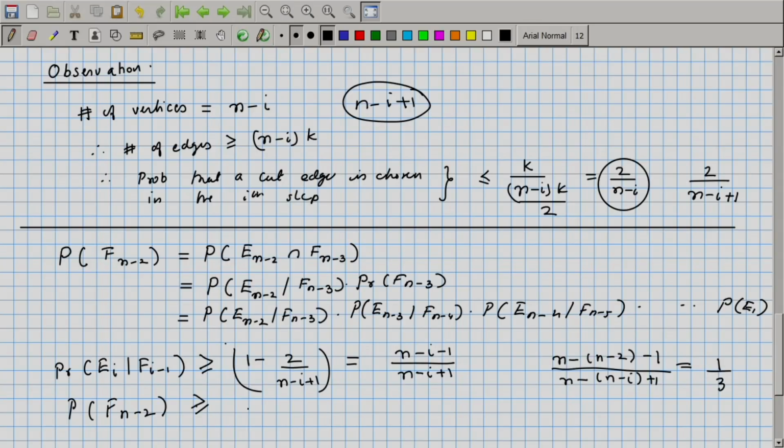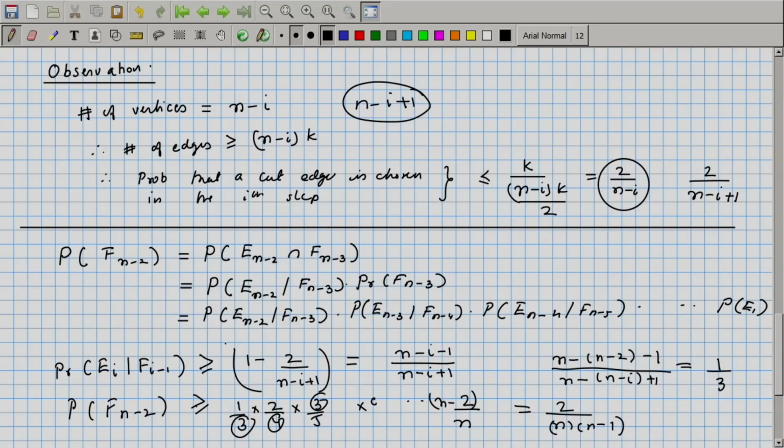So, the entire product is going to be greater than or equal to 1 by 3 into 2 by 4 into 3 by 5 all the way up to n minus 2 by n. These terms cancel, 3 and 3 cancel, 4 and 4 cancel and so on. What will remain is 2 divided by n into n minus 1.